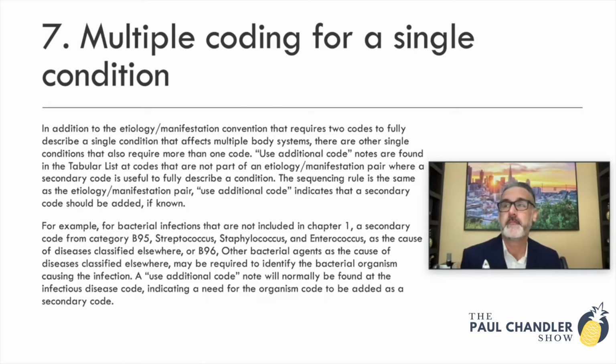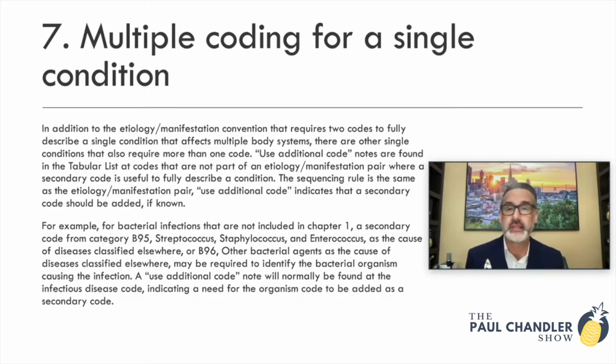And part number 7 here, this is actually a 2-part slide, dealing with multiple coding for a single condition. Here's where the etiology or the manifestations come in, when we have 2 codes that describe a single condition that can affect multiple organ systems. Looking at the guideline rule here, it says that we use the phrase "use additional code" notes found in the tabular list that are not part of the etiology or manifestation pair when a secondary code is useful to fully describe the condition.